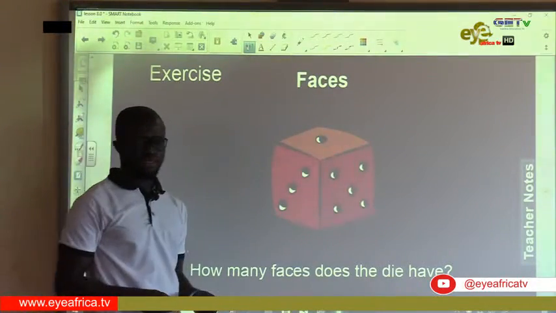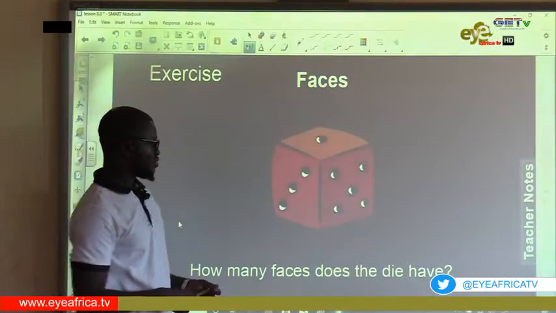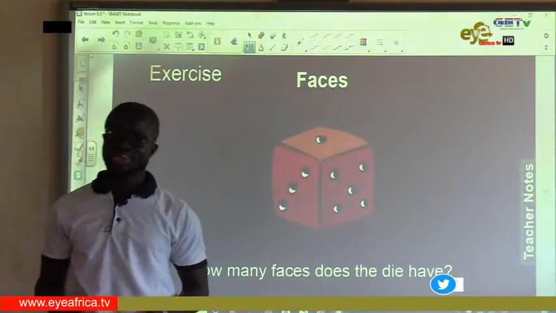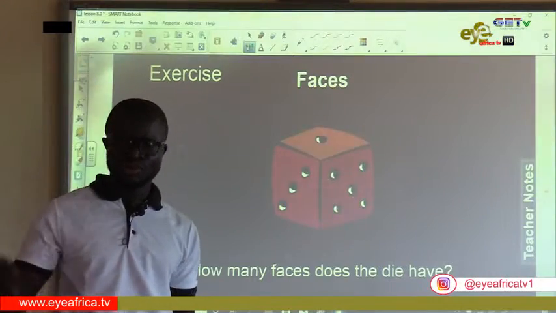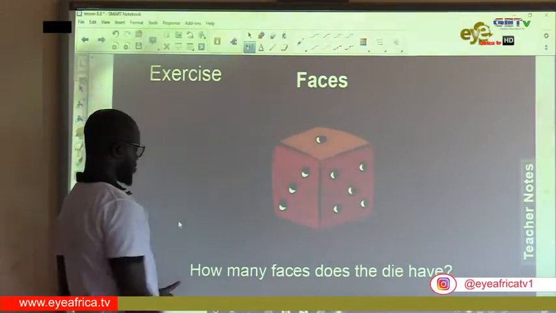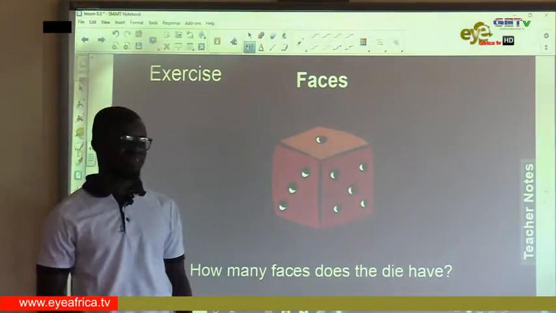What shape is it? For those listening, it is a die. A die used to play Ludo. Now, the question is, how many faces does the die have?